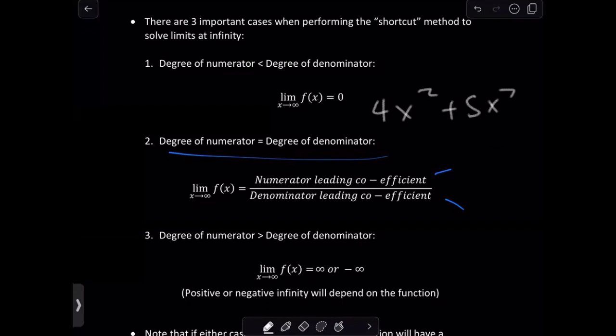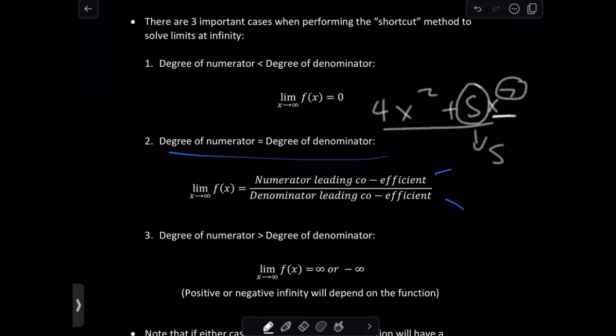How do you identify the leading coefficient? Ask yourself, what is the highest power? The highest power in this is 7. Let's circle that. Then to get the leading coefficient, ask yourself, what is the coefficient of the term with x to the power 7? Well, it is 5. That's how you get the leading coefficient.